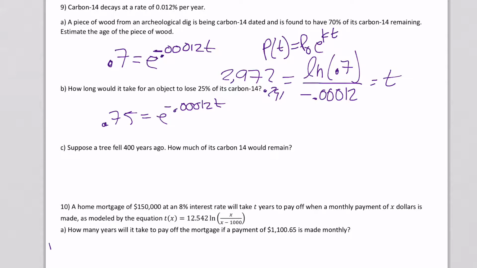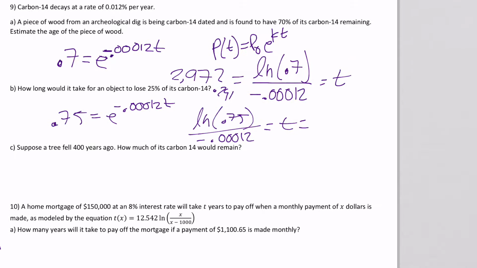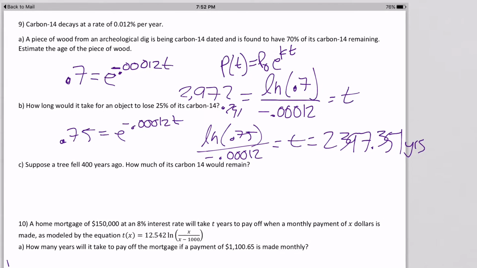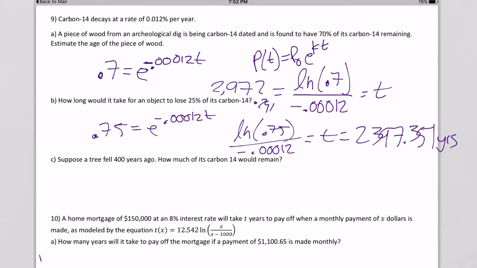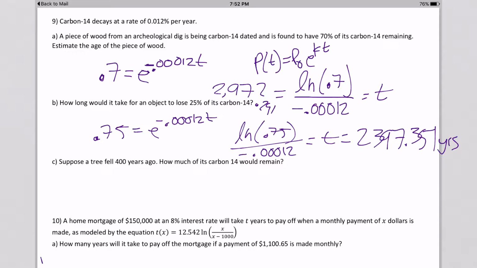And so ln of 0.75 divided by negative 0.00012 has to equal t, which should be 2,397.351 years. It should make sense that it's fairly close to the last one. It's within 600 years. Because 75% remains versus in the other one, 70% remained, right? So it's not taking as much time.